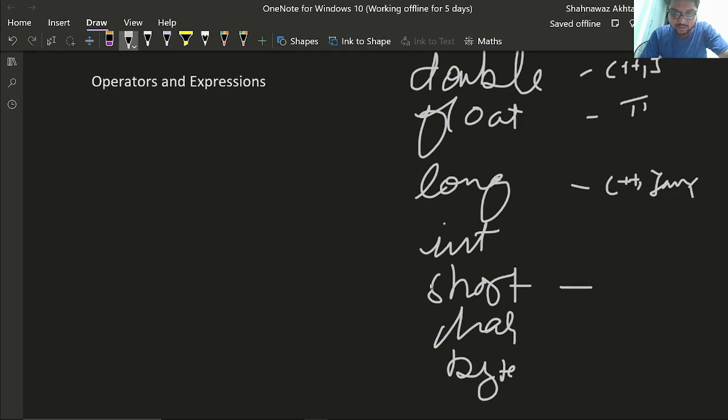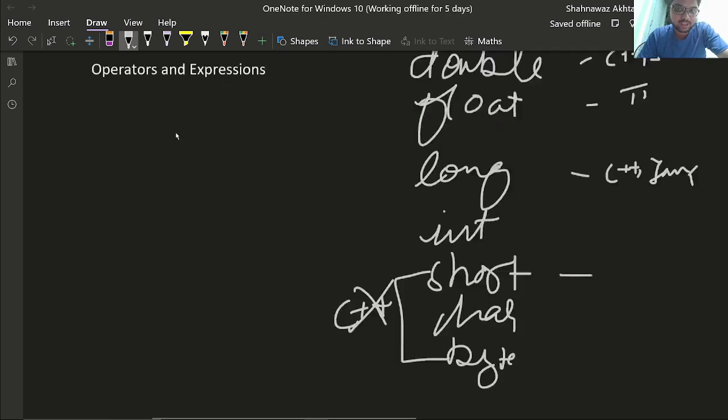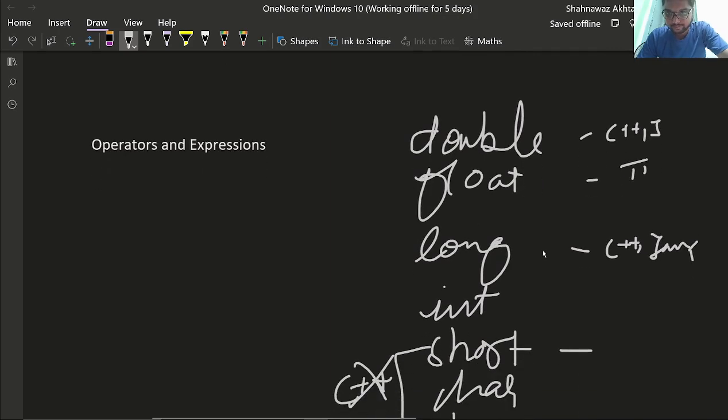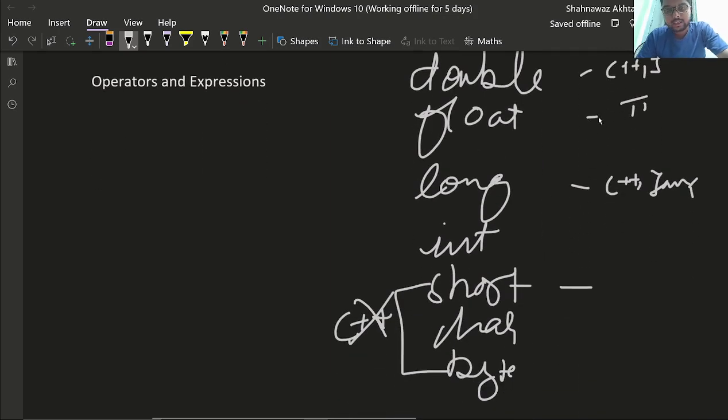See, these two data types, short and byte, are not available in C++. Currently, in the programming we are going to do, we will not use these two data types, and mostly we will avoid them. And then see how this hierarchy works.